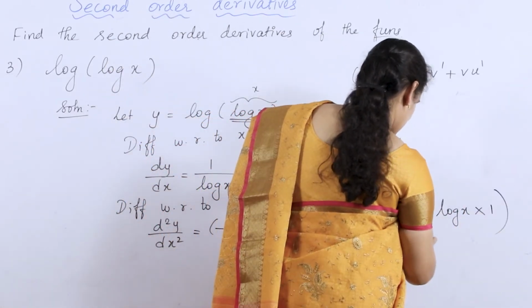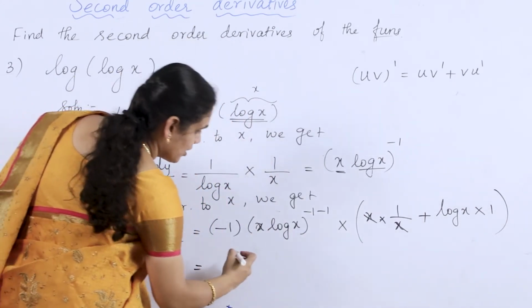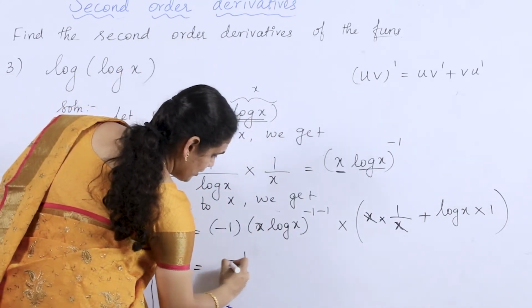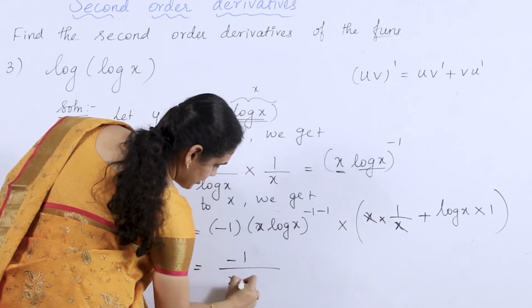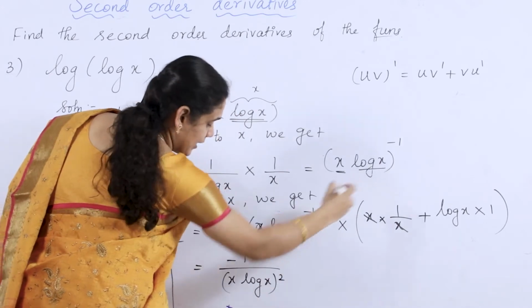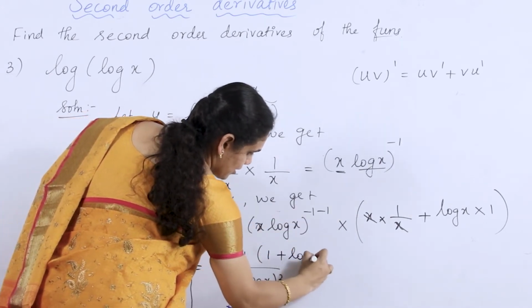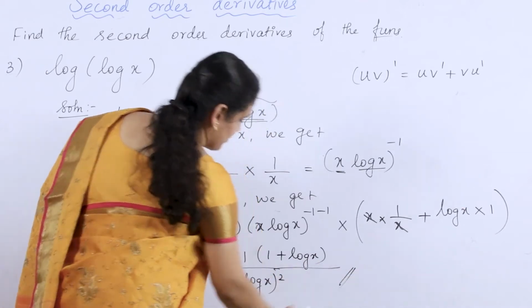So these two get cancelled. So what do we get here? Minus 1, this one I can put in the denominator, x log x whole square, right? And here we get 1 plus log x. So this is our book answer, the required answer.